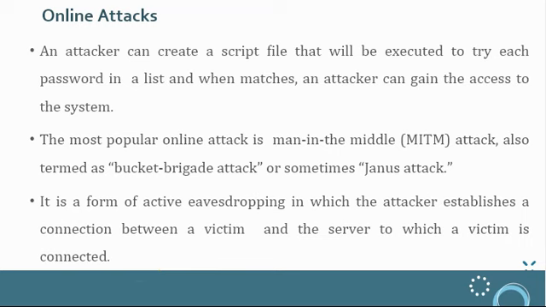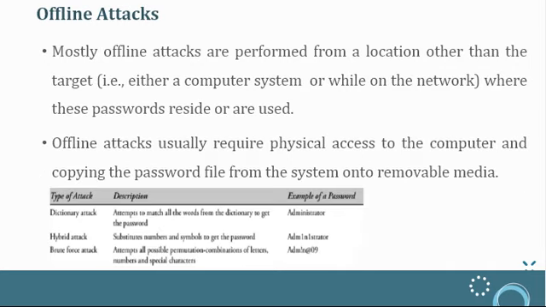Next one you have is offline. Mostly, offline attacks are performed from a location other than the target where these passwords reside or are used. Offline attacks usually require some physical access to the computer, and copying the password file from the system onto some removable media.